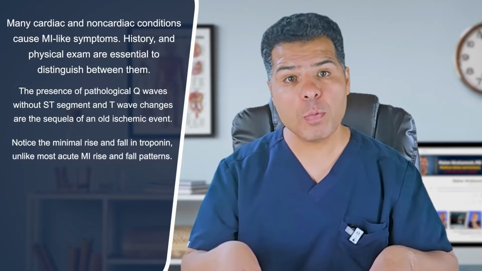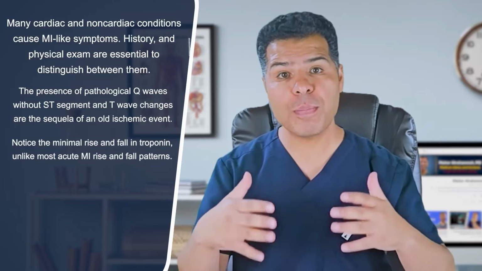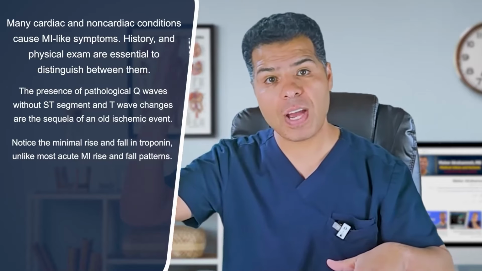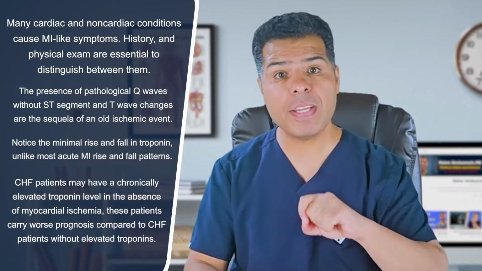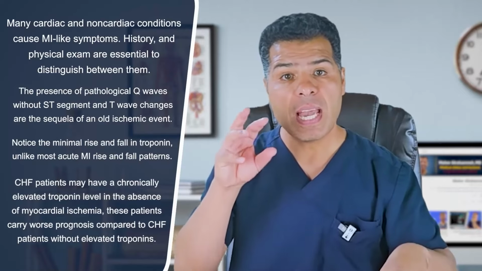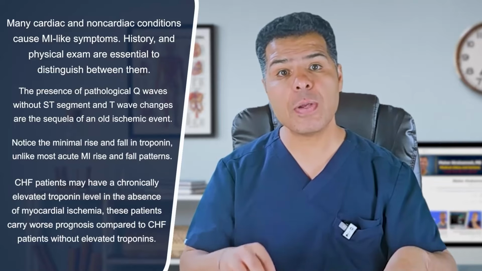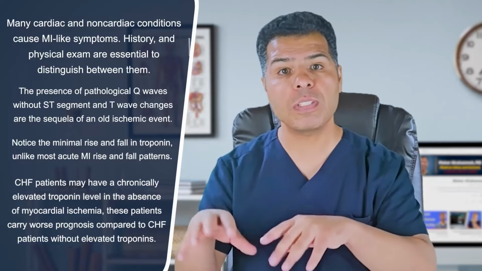Notice the very small rise and fall in troponin, again, unlike acute MI where we see a significant rise and fall. Congestive heart failure patients may have chronically elevated troponin levels even in the absence of myocardial ischemia. And interestingly, these patients carry a worse prognosis compared to congestive heart failure patients without elevated troponins. Let's move to the next example.